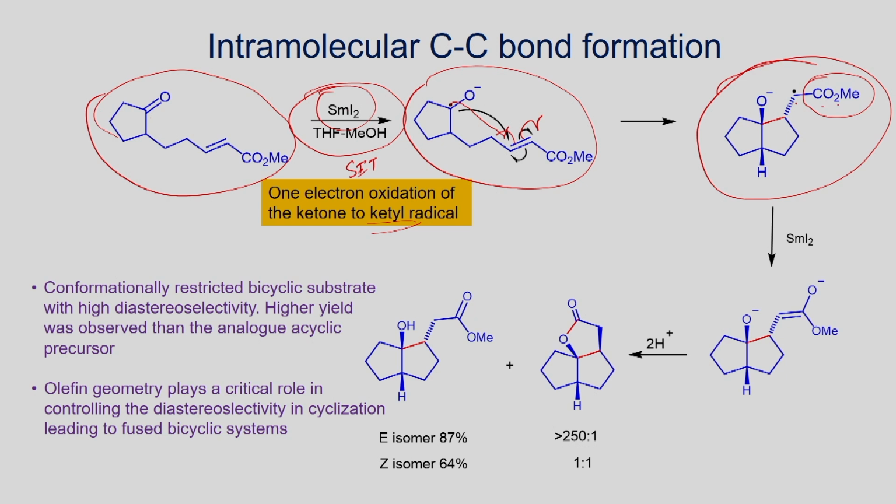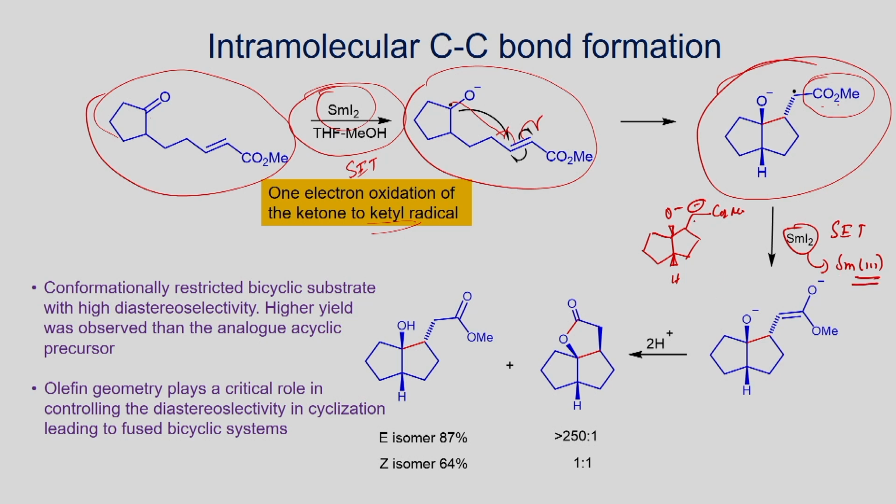The secondary radical now can be converted into a carbanion by single electron transfer process, the samarium 2 will be converted into samarium 3, and then you will have the carbanion.